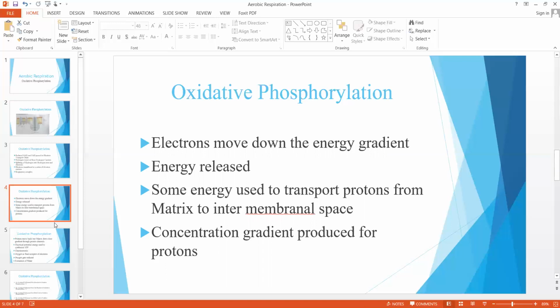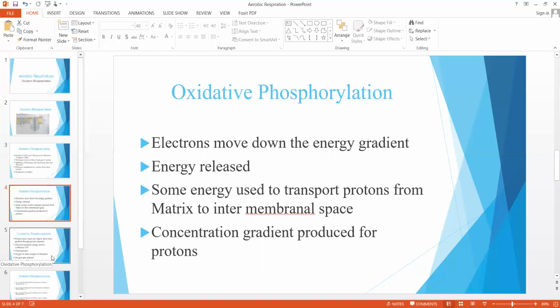And then once the protons have moved into the intermembranous space, that generates a high concentration of protons over there. So now protons move back into the matrix through the protein channels down their concentration gradient by the process of facilitated diffusion.